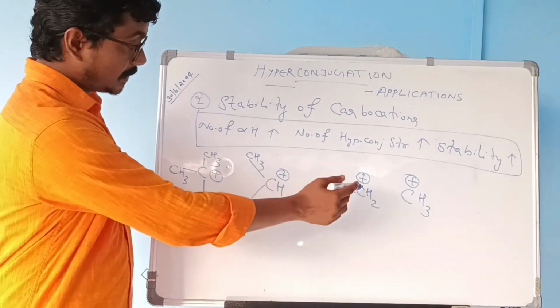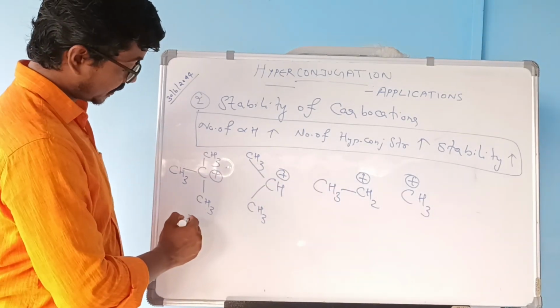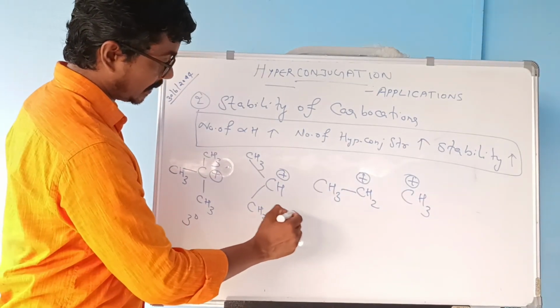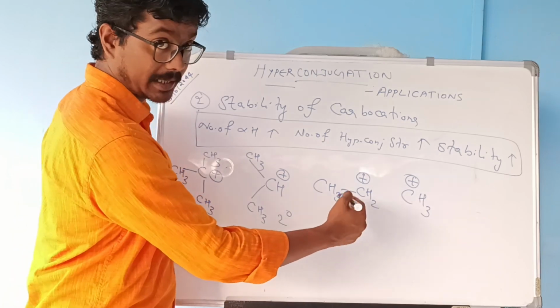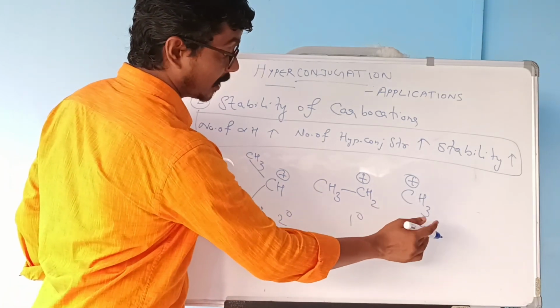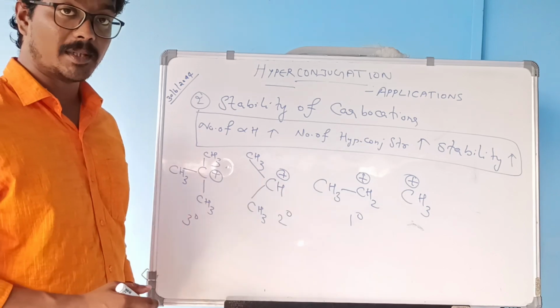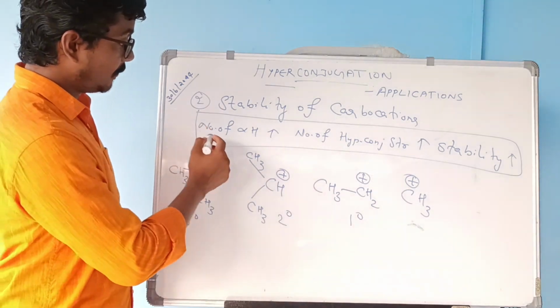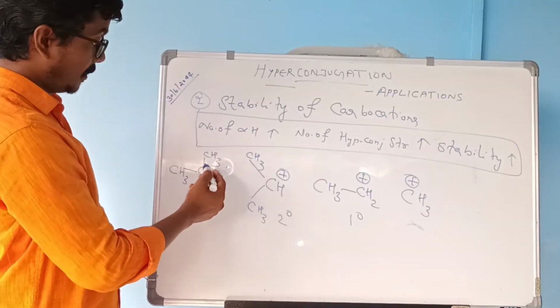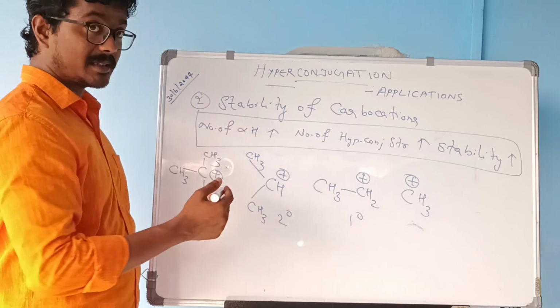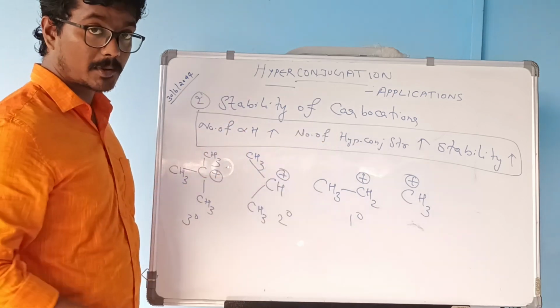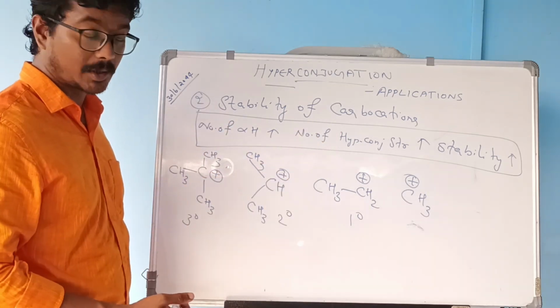When we consider this series, this is a tertiary carbocation, this is a secondary carbocation, this is a primary or ethyl carbocation, and this is the methyl carbocation. Which possesses more stability? We can define it with the support of this principle: the more alpha hydrogens, the more hyperconjugated structures, and the more stable the carbocation.